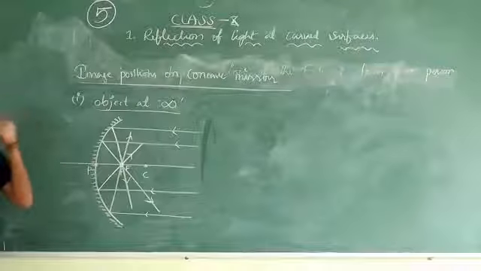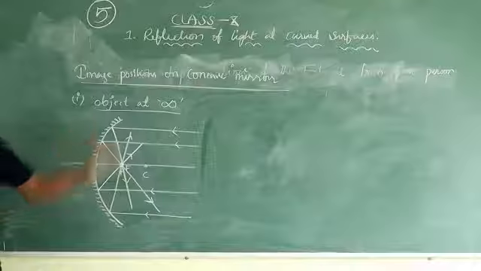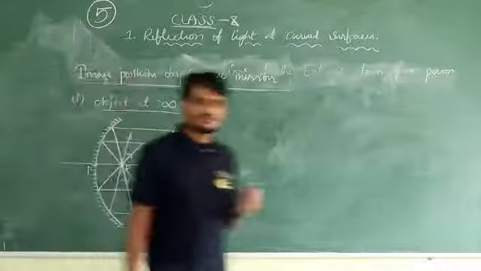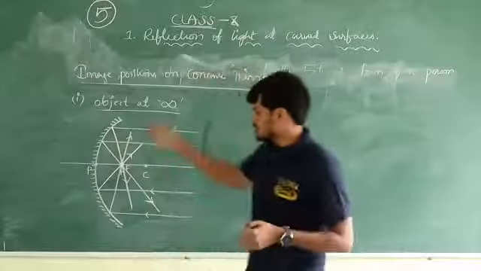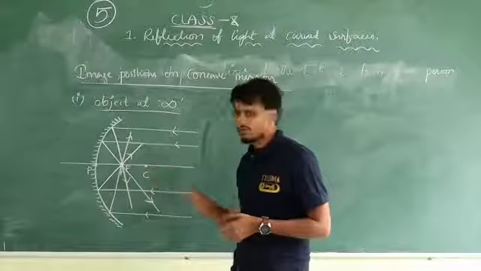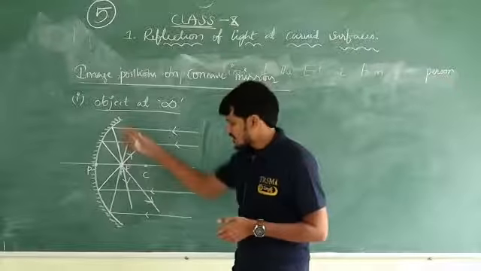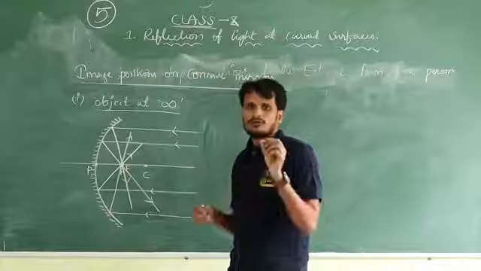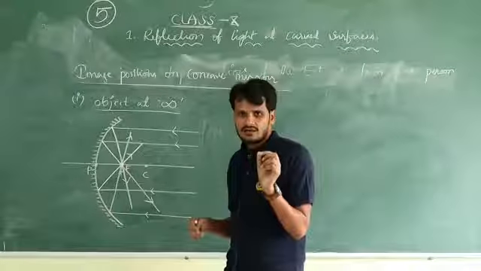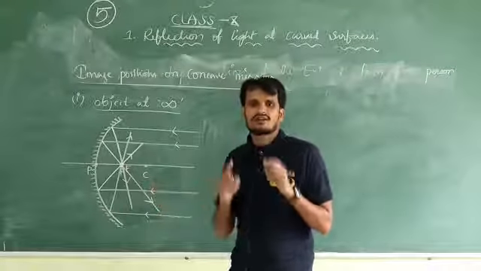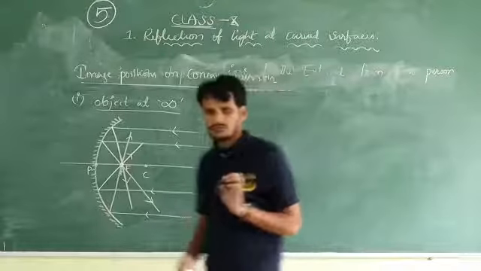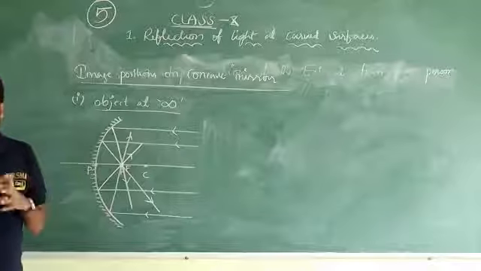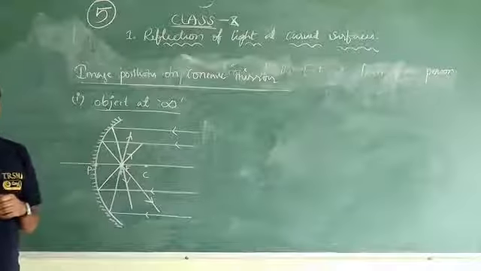We know the image definition: where the rays converge, that is a real image. So we are talking about convergence now. All rays are going to converge at the F point. To understand simply what is happening here: where the reflected rays intersect, that intersecting point is known as the image.